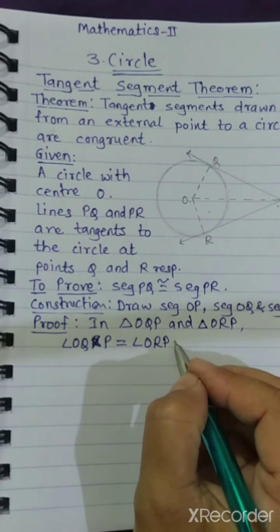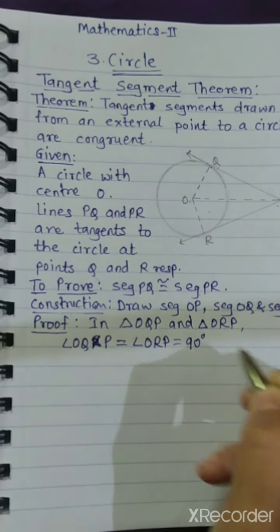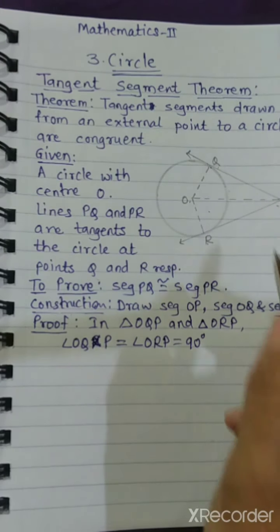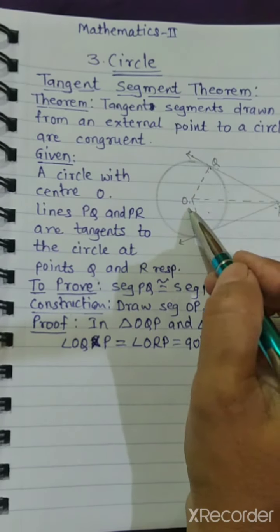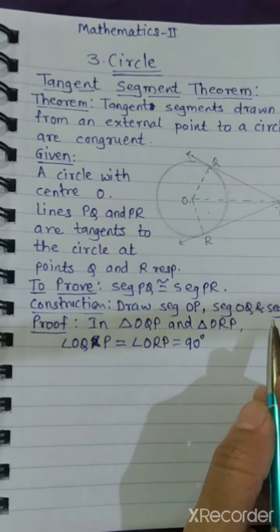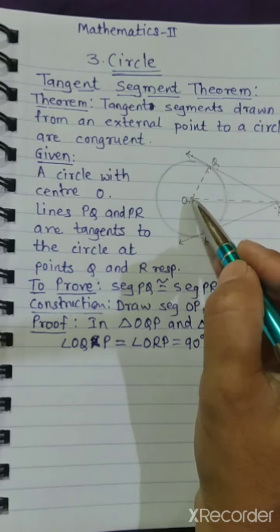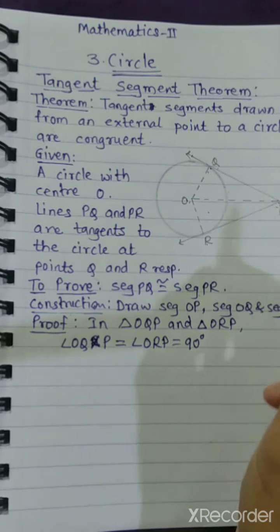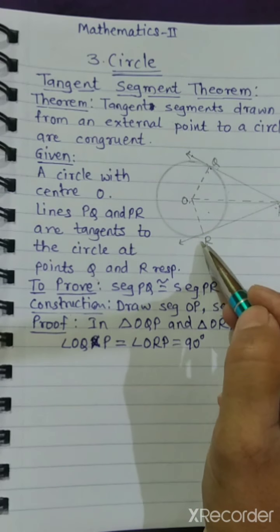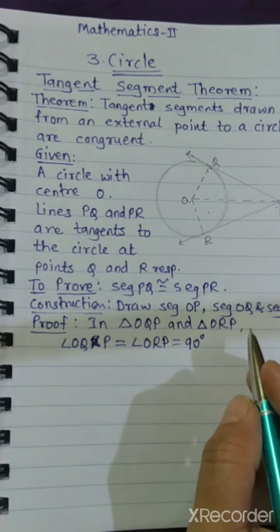Why? Each angle is of 90 degrees, because we know that a tangent is perpendicular to the radius. Therefore angle OQP is equal to angle ORP, that is 90 degrees.